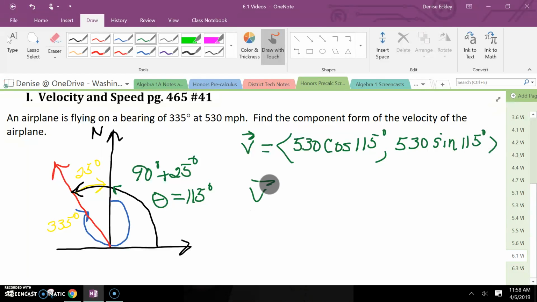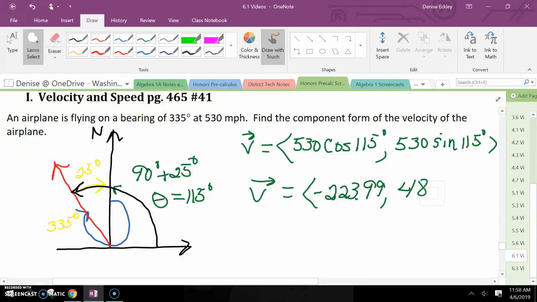So now putting that into our calculator, we get the values as negative 223.99 for the horizontal direction and 480.34 for the vertical component.